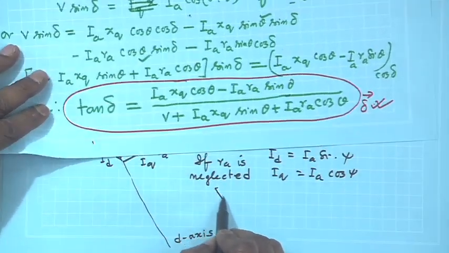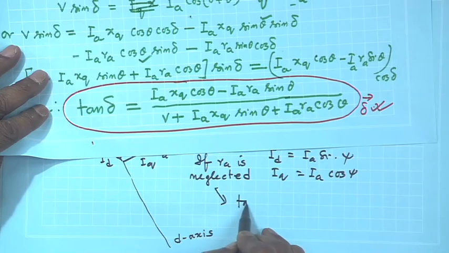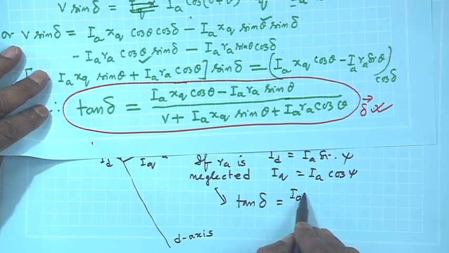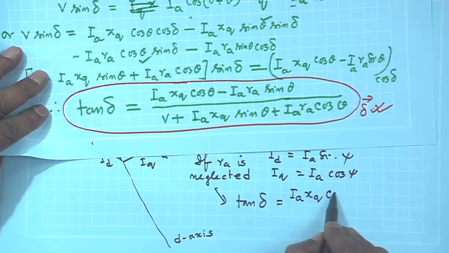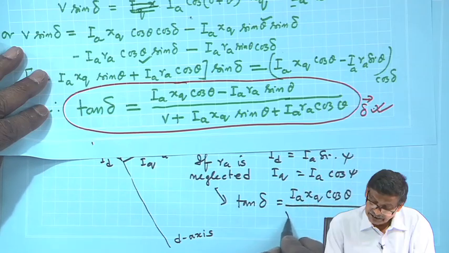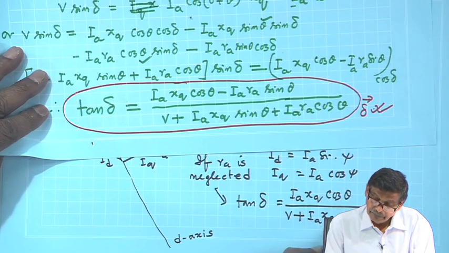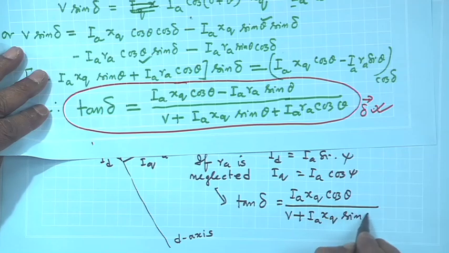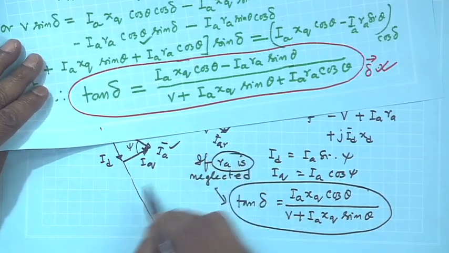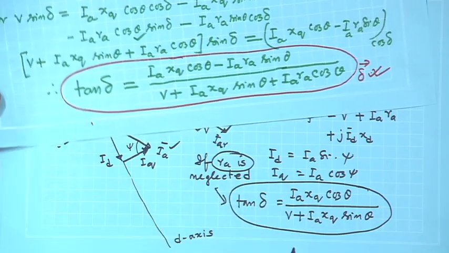If R a is neglected, then tan delta will be equal to I a x q cos theta, as I r a cos theta minus I r a sin theta will vanish, divided by V plus I a x q sin theta. This will be the simple expression if you neglect R a, which sometimes people neglect.